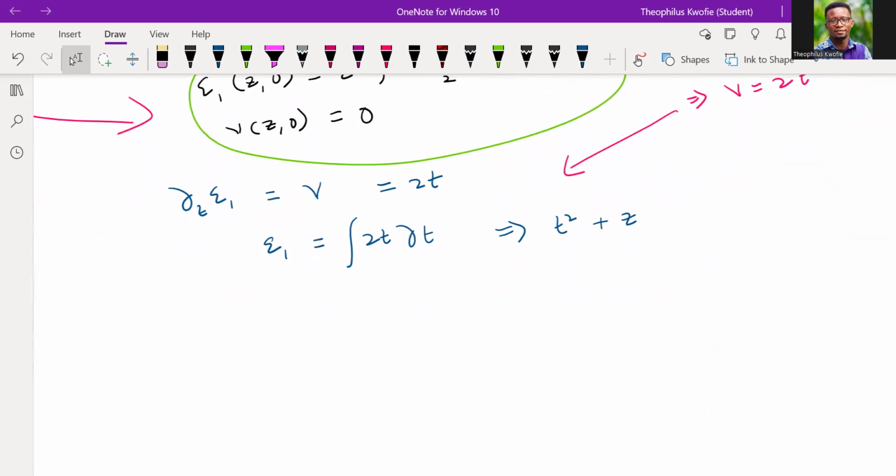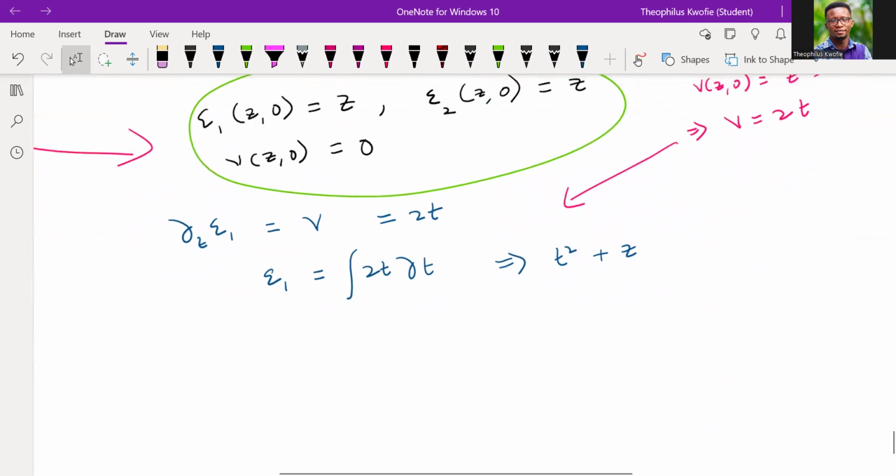But remember that we now have our Xi1 to be this. Let me be more specific. Our Xi of Zt to be equal to what? Let me write it.